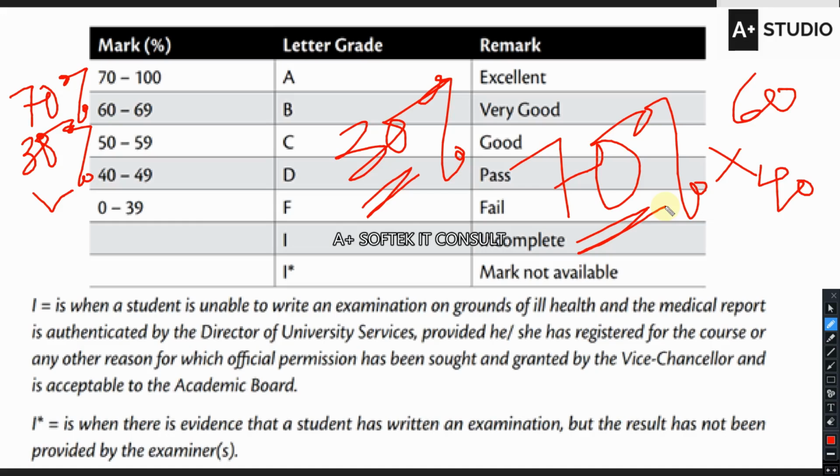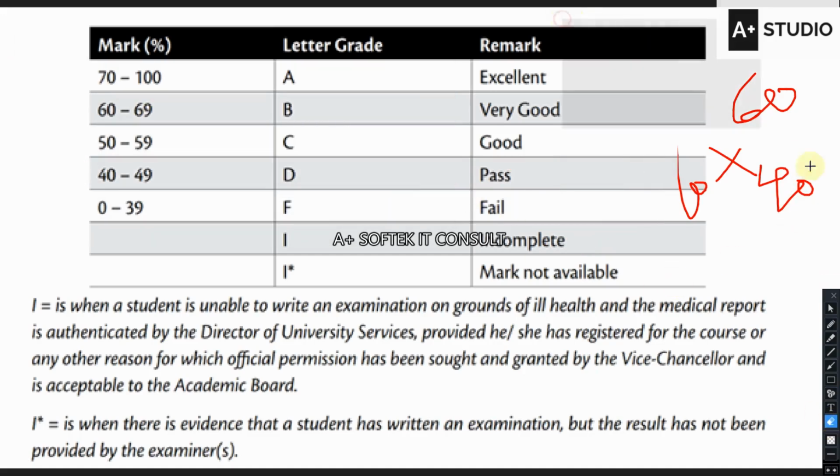Okay, so since we now know the organizational policy on student assessment, let's dive into checking the grading system at the Kwame Nkrumah University of Science and Technology. As you can see from here, this is the marks, this is the letter grade, this is the remark.